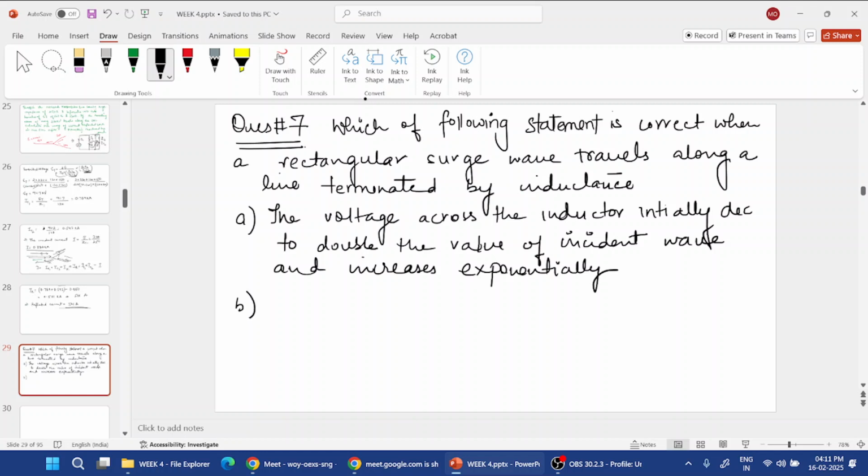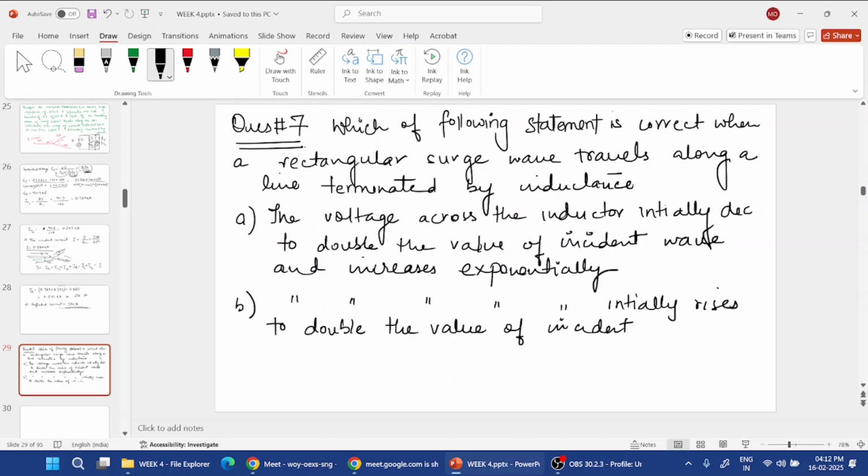B: the voltage across the inductor initially rises to double the value of the incident wave and decays exponentially.